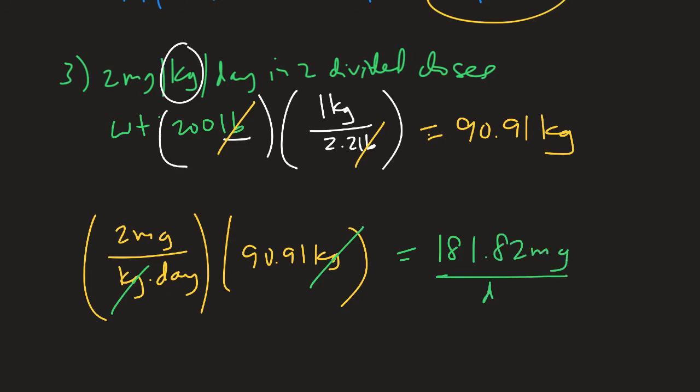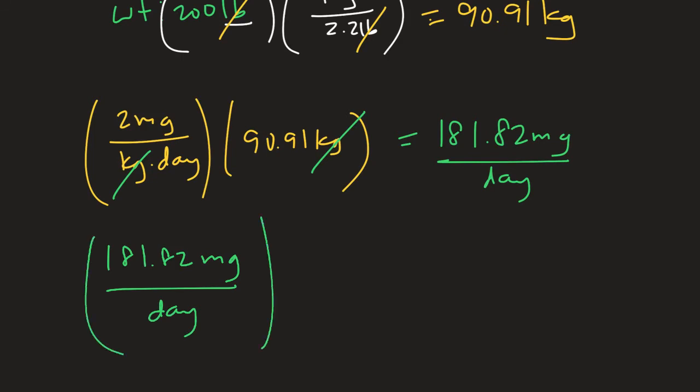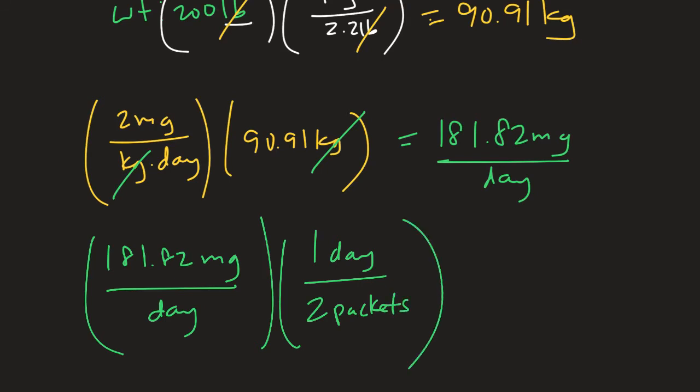And you know the dose is in 2 divided doses, so 181.82 mg per day. You know 1 day is divided into 2 packets, so 2 divided doses means 2 packets per day. A day in 2 divided doses means 1 day has 2 packets.